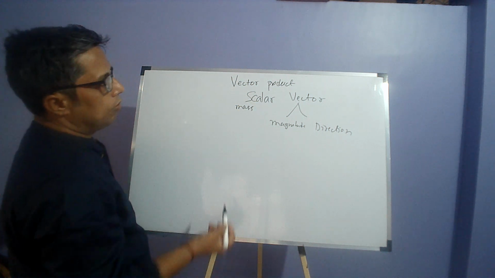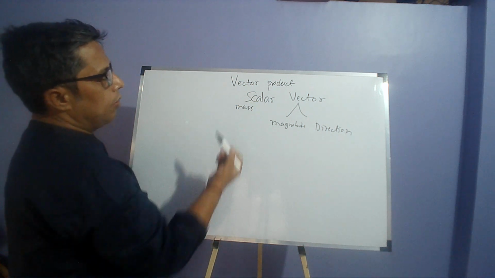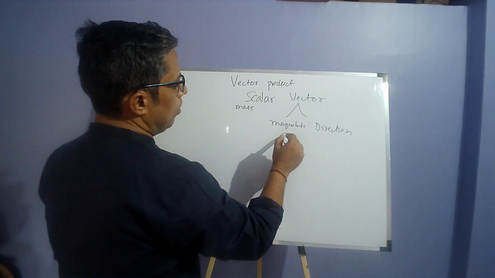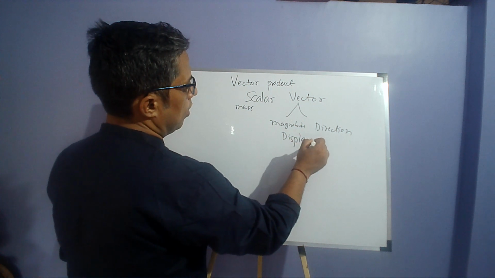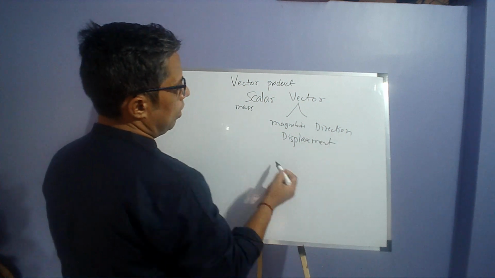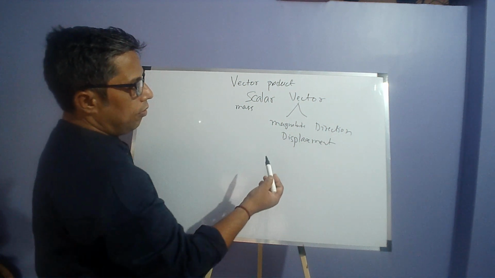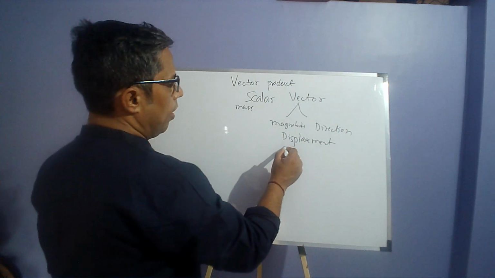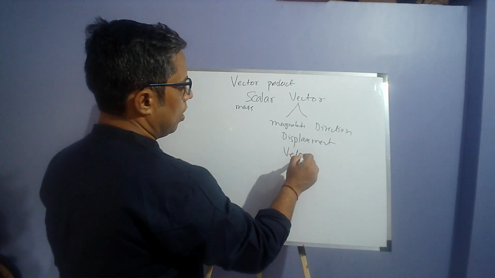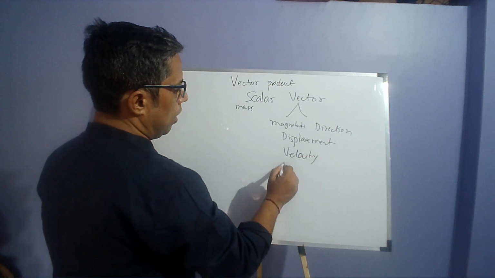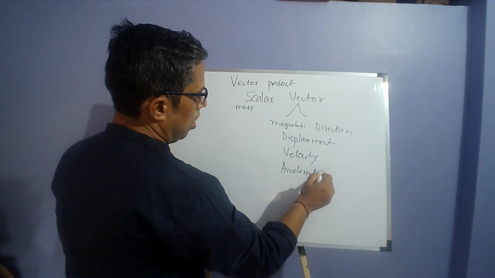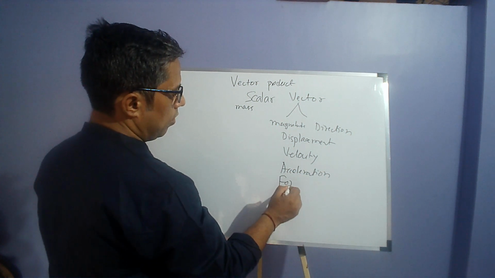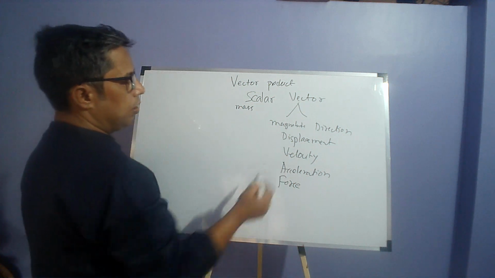Mass is a scalar quantity, only having magnitude. Vector quantities start from displacement. Displacement is a vector quantity. Then the next will be velocity, then acceleration, then force. So these are the vector quantities.